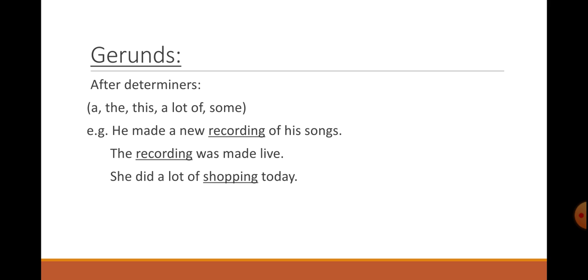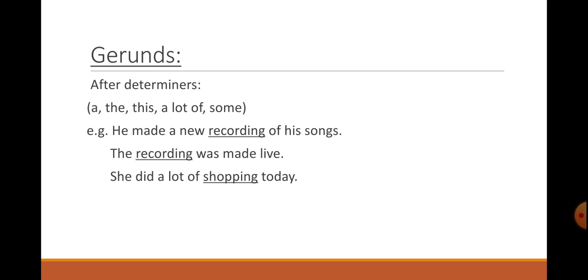Let's see. Again we can use gerund after determiners. There are some examples of determiners here. A, the, this, a lot of, some. These are some examples of determiners. Let's see the example here. He made a new recording of his songs.